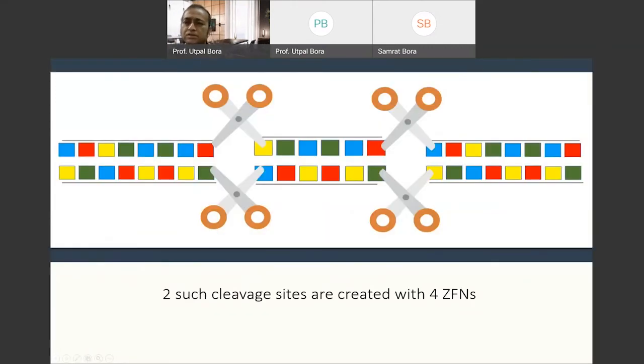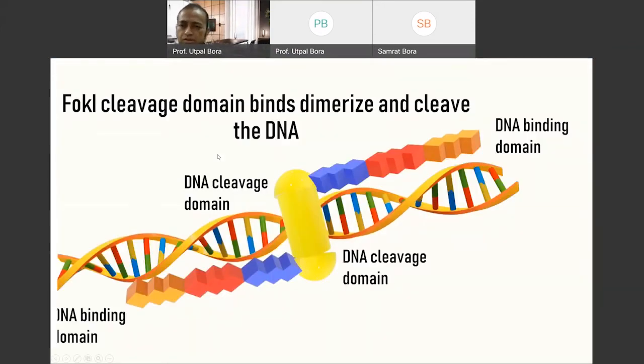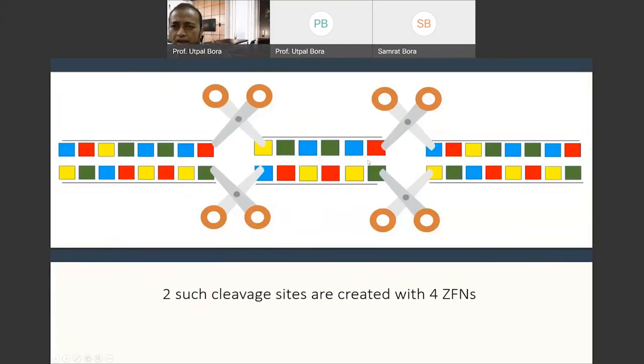As a result, you can see, if we add, say, one or two such arrays. Okay, let's go back. This array shown here is one, and there is another one here. So we have two cleavage sites.